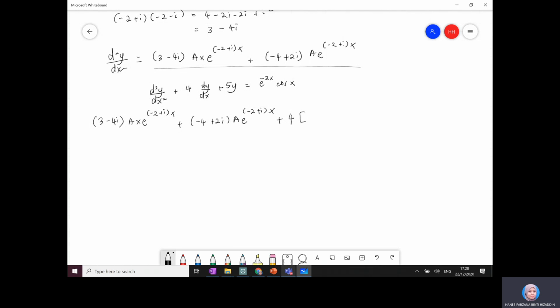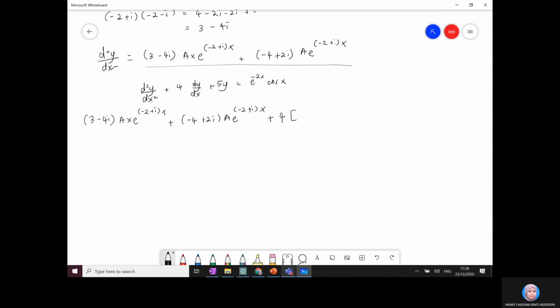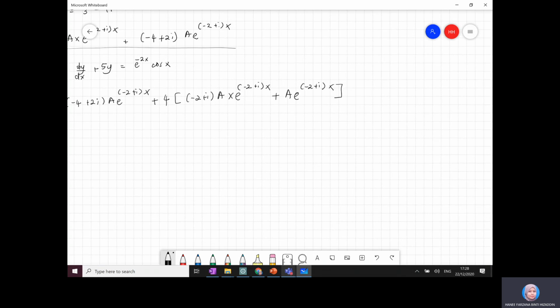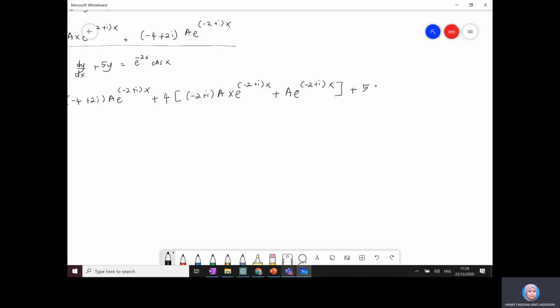okay, I hope you can bear with me and still follow. Okay, this is your dy dx, and then plus 5y. So plus 5 times y, so your y is a x e negative 2 plus i x.